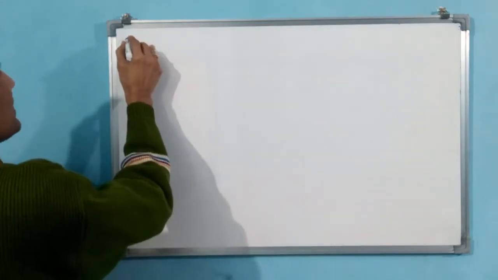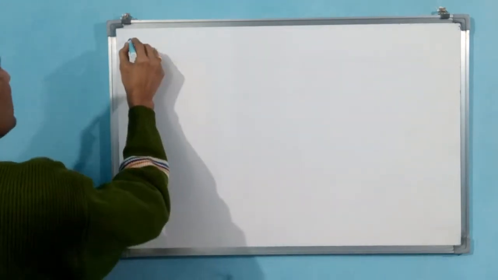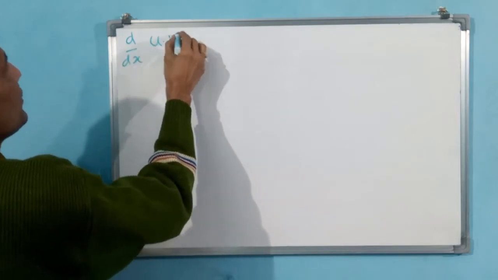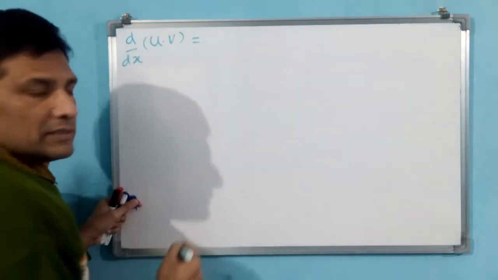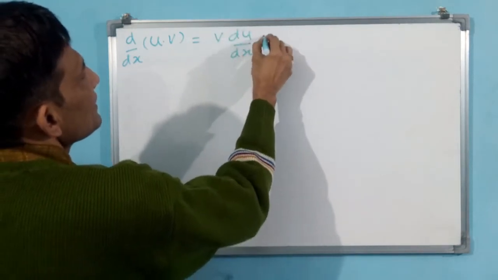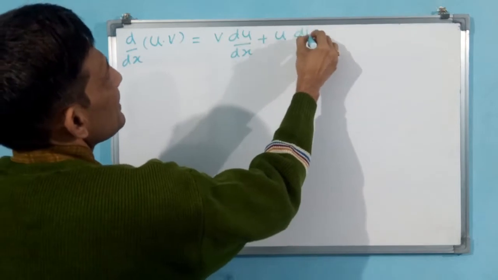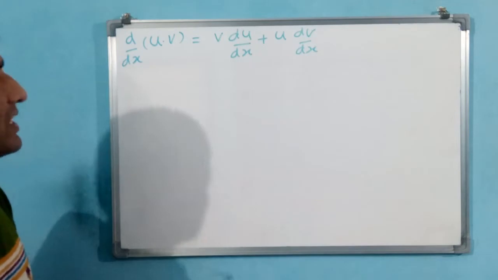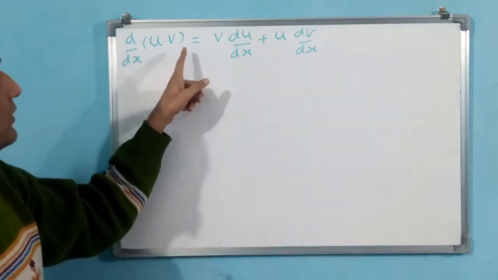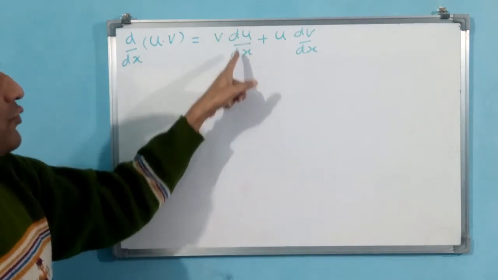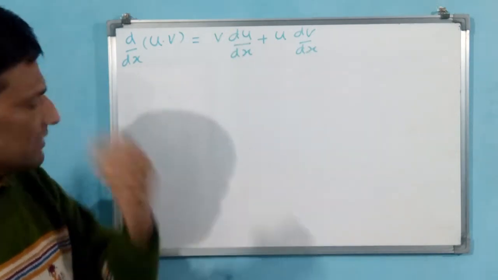First let me write the formula. d by dx of u into v is equal to, in brackets, v du by dx plus u dv by dx. First see the formula.